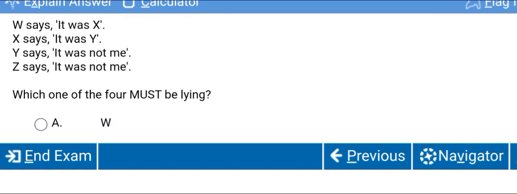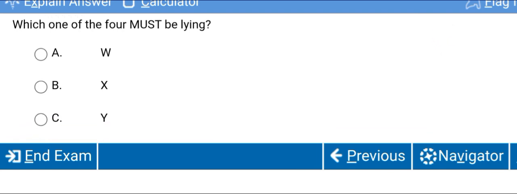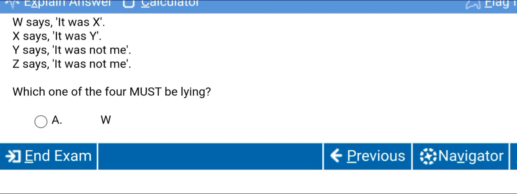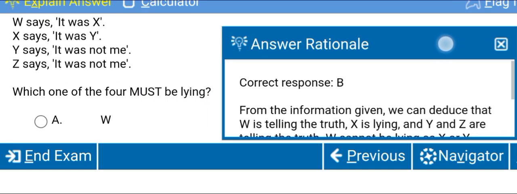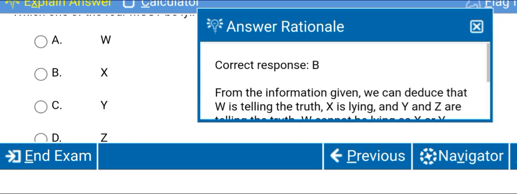Which one of the four must be lying? Option A, W. Option B, X. Option C, Y. And option D, Z. So the correct response is option B.